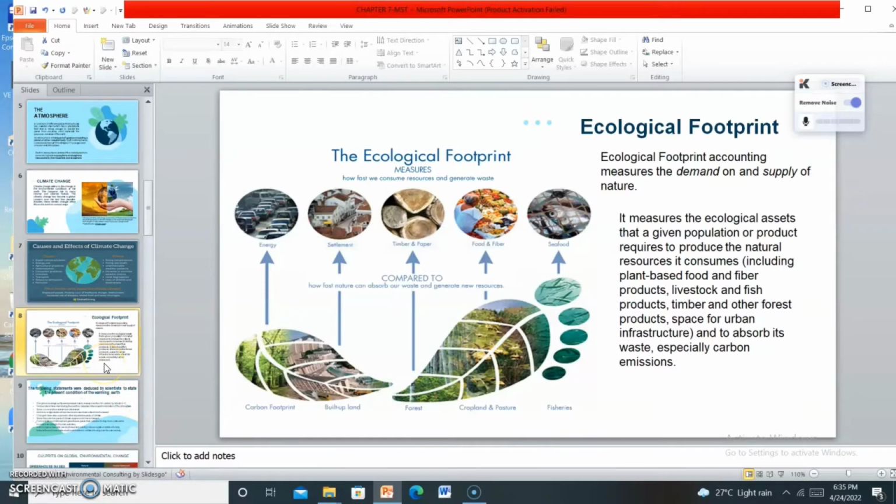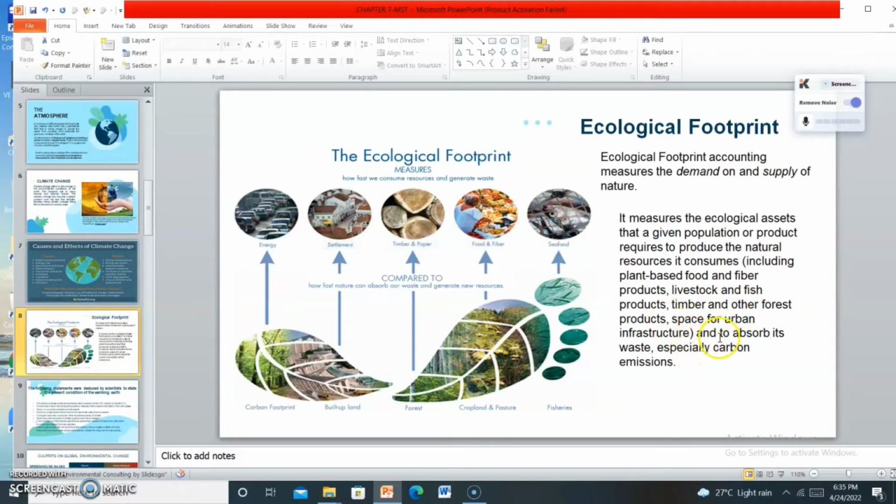Next is the ecological footprint. The ecological footprint measures the demand on the supply of nature. It measures the ecological assets that a given population or product requires to produce the natural resources it consumes, including plant-based food, fiber products, livestock and fish products, timber, and other products, and space for urban infrastructure.